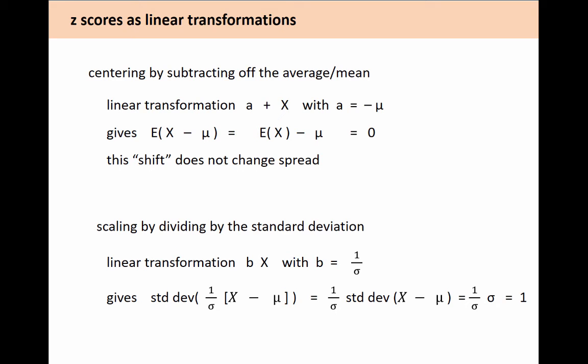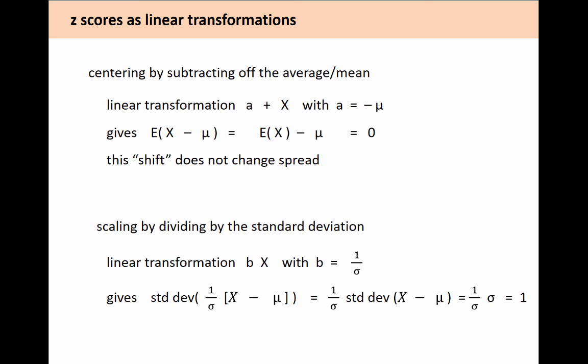And then what happens here is the standard deviation of the new random variable, 1 over sigma times the quantity x minus mu, is just 1 over sigma times the standard deviation of x minus mu, and then subtracting off the mean doesn't change the variability of x, it just shifts the values up or down. So what we have is the standard deviation of this centered and scaled random variable is equal to 1 over sigma times sigma, which clearly works out to 1.